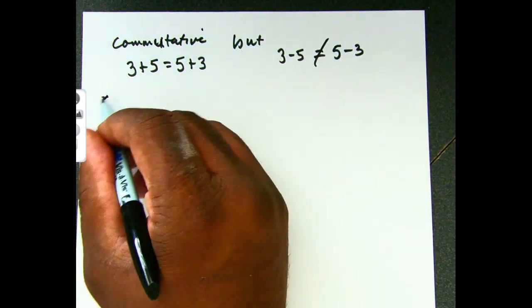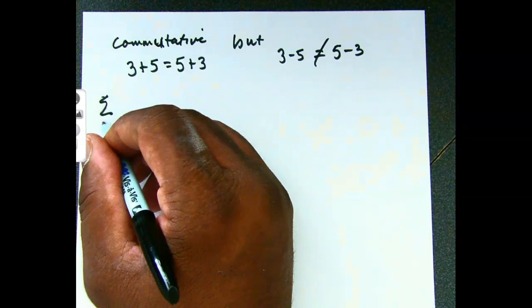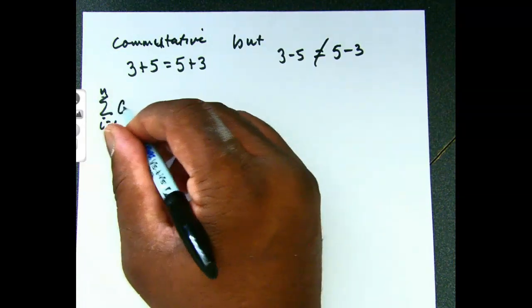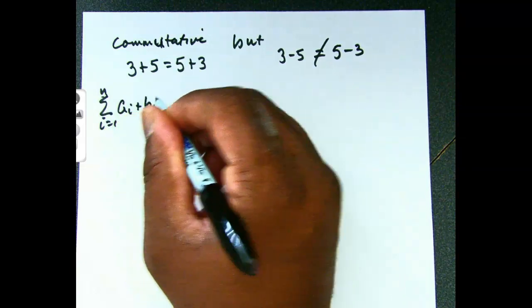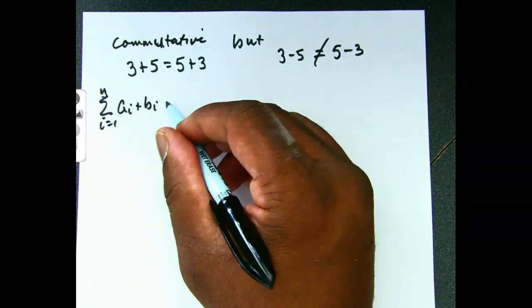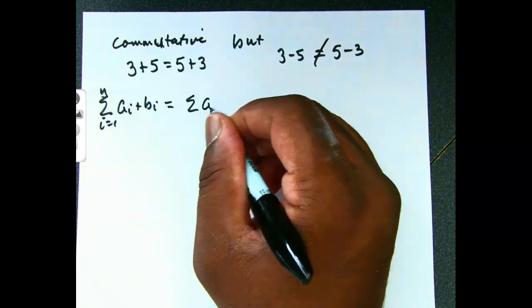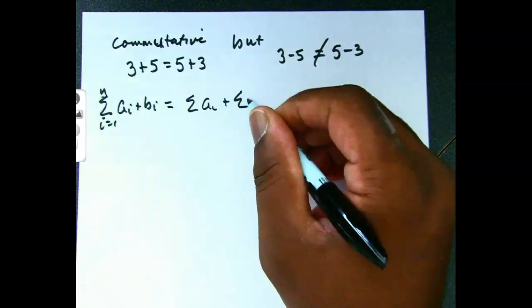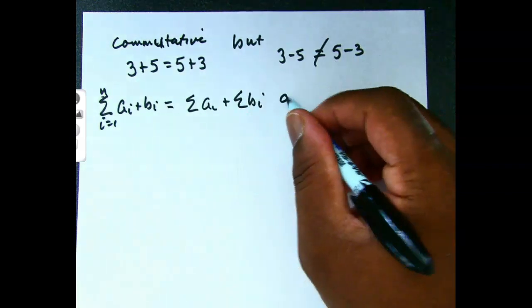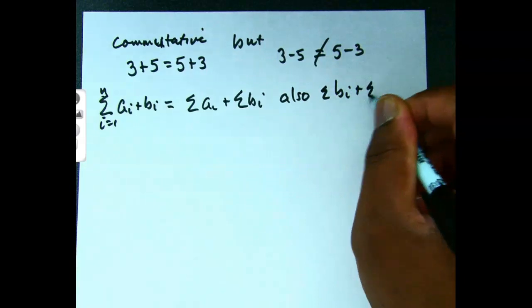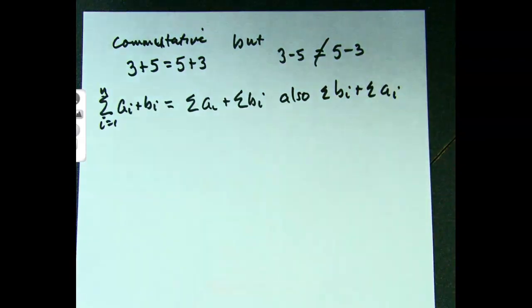The summation i equals 1 to n of a sub i plus b sub i is equal to the summation of a sub i plus the summation of b sub i, also the summation of b sub i plus the summation of a sub i. Okay, so that's true.